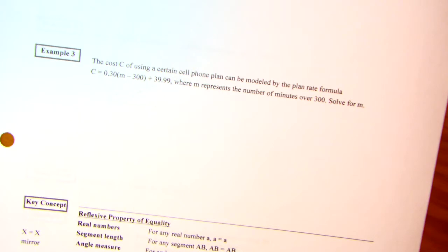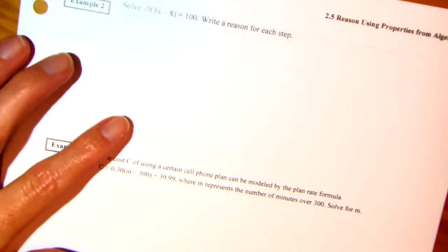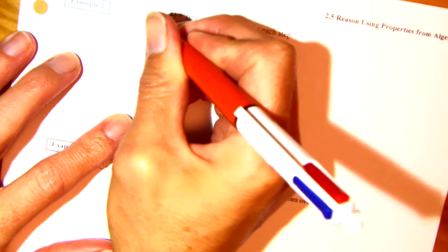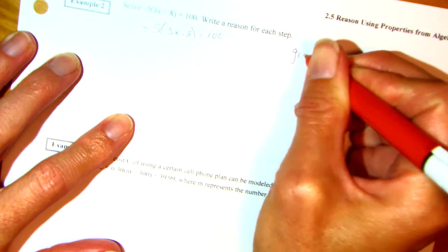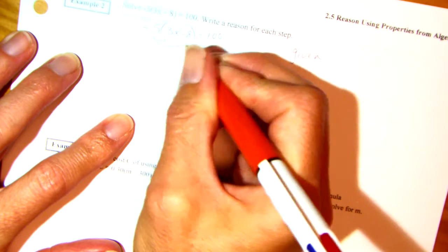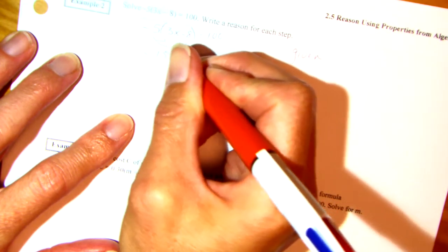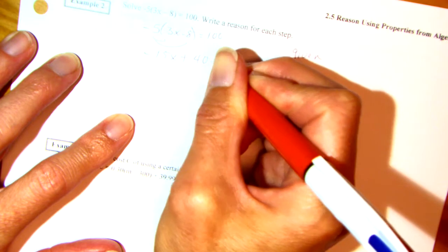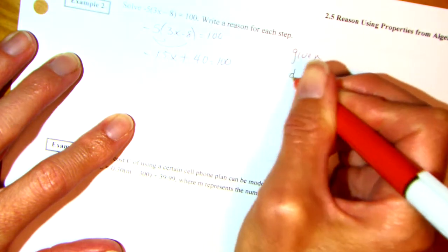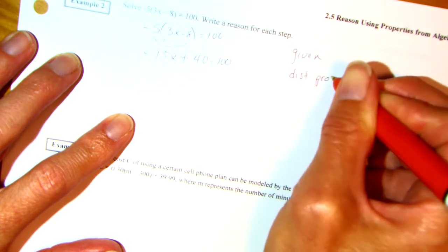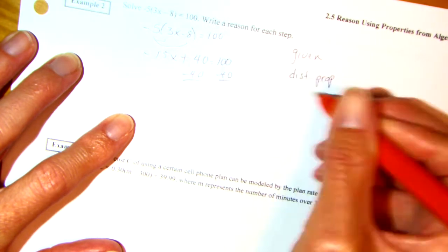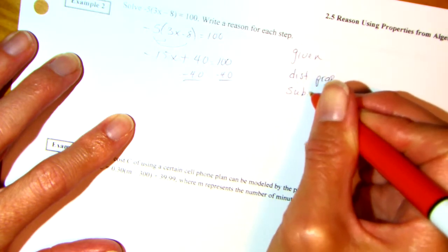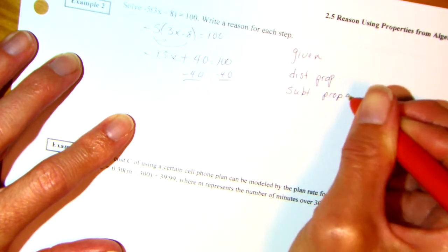Now, we're going to solve example 2, and we're going to give the reason for each step. The first thing I'm going to write down is my given. I'm going to use the distributive property. I'm going to subtract 40 on both sides. So, subtraction property of equality.